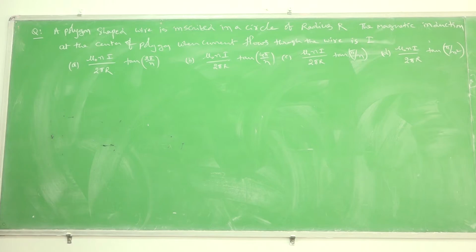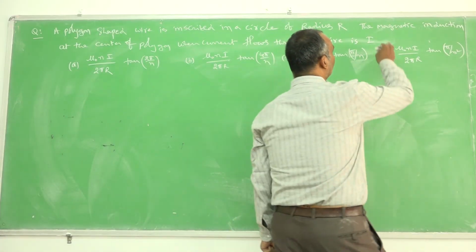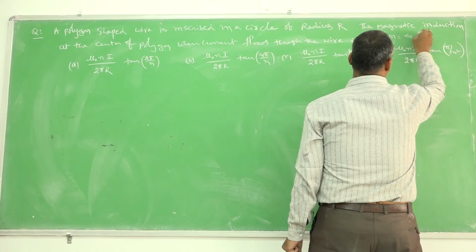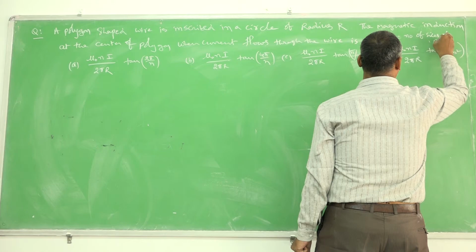So, if you read the question carefully, a polygon shaped wire is inscribed in a circle of radius r. Magnetic induction at the center of the polygon when the current I flows through the wire. And one more point here, what is n? N is the number of sides of polygon. That also they should mention.